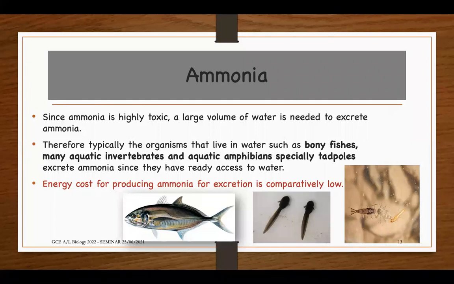So most of the aquatic organisms, like bony fishes, and I'm sure you all know who bony fishes are, right? Class Osteichthyes, those who have a homocercal caudal fin and have an operculum. All right, so bony fishes and aquatic invertebrates. Here I have given a picture of aquatic invertebrates, and aquatic amphibians, especially tadpoles, will excrete ammonia as they have a lot of water alongside them.